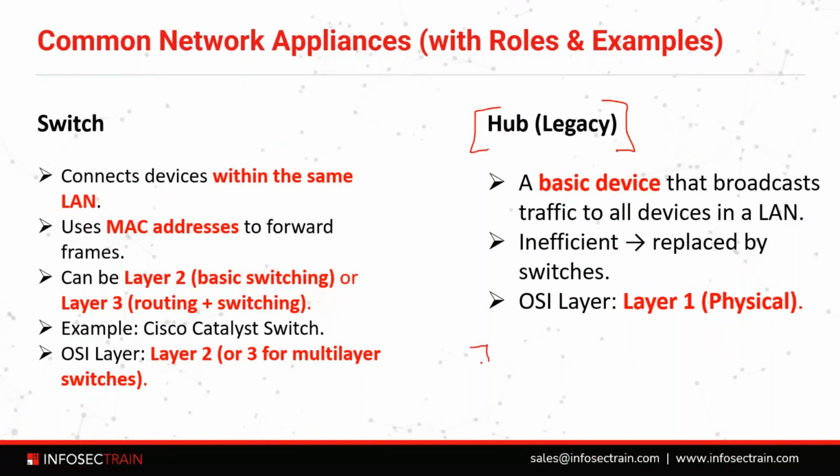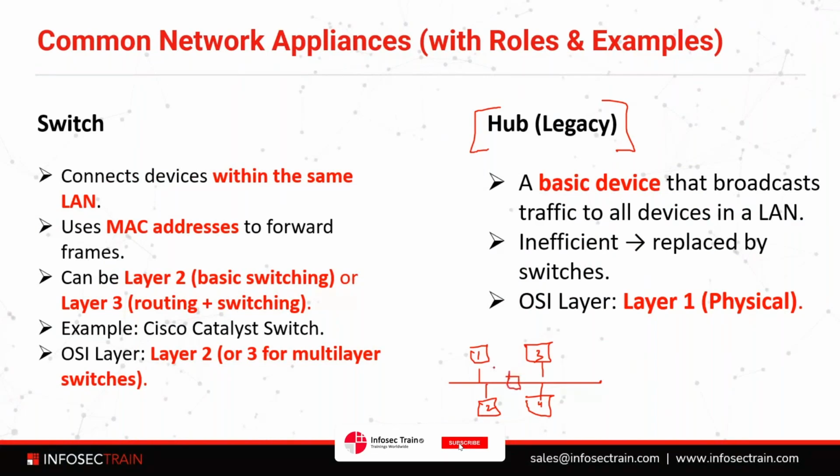So, if four devices are connected with each other, and device number 1 wants to send some data to device number 4, and in between there is a hub, right? Device 1 will send the data to the hub, and the hub will distribute it to everyone, so that whosoever's data it is can pick it up.